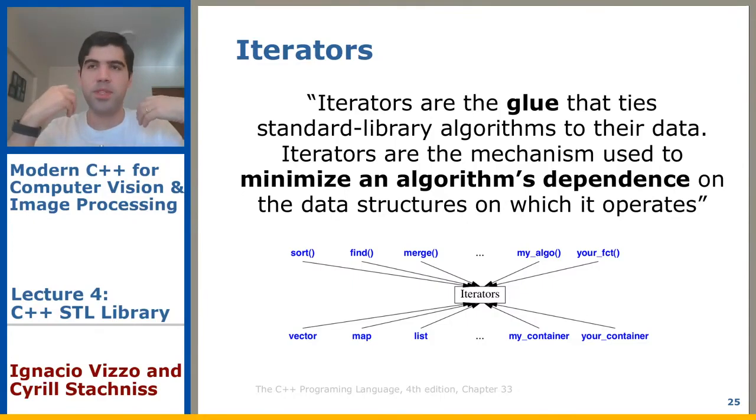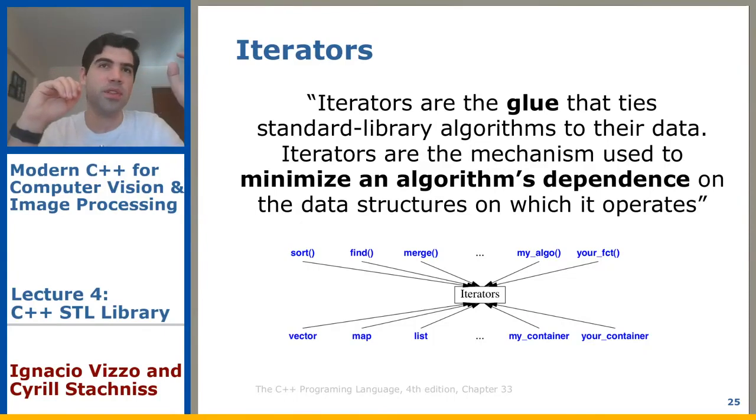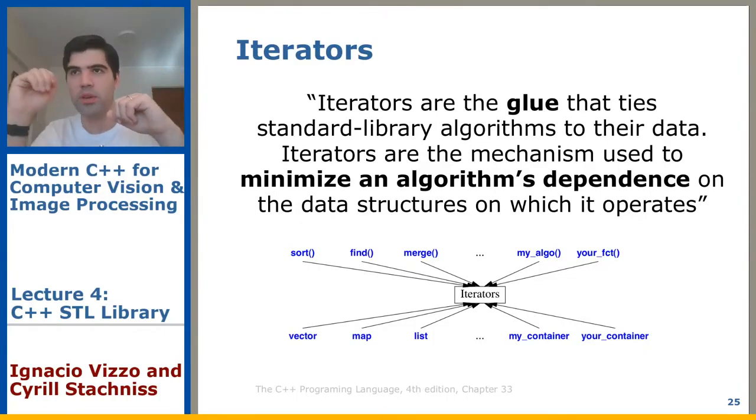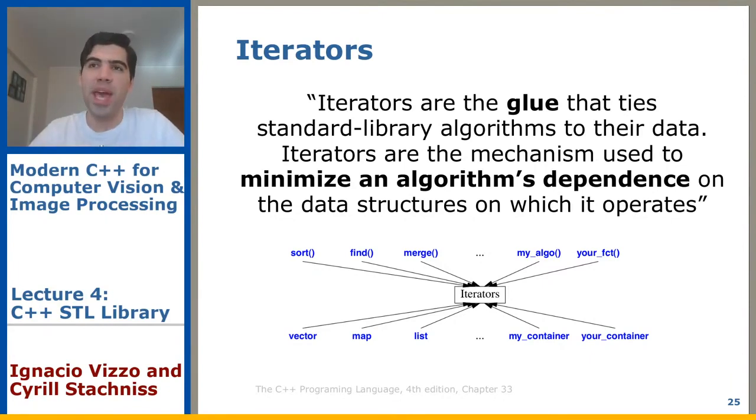Let's pretend you want to sort some sort of data. The best thing you can do is to write a sort function that works on any kind of data, not on a vector of floats or vector of integers or array of strings. The idea is that with these iterators, you will be able to write functions that are strictly independent from the data structure on which you operate.